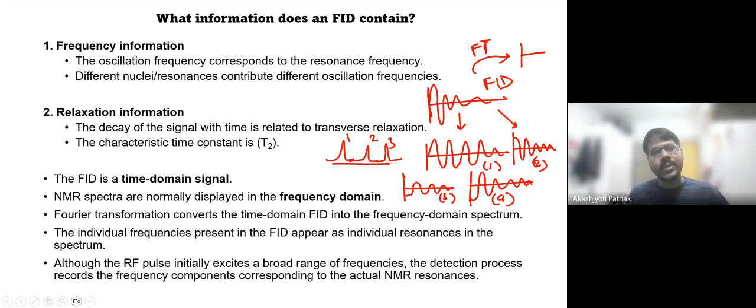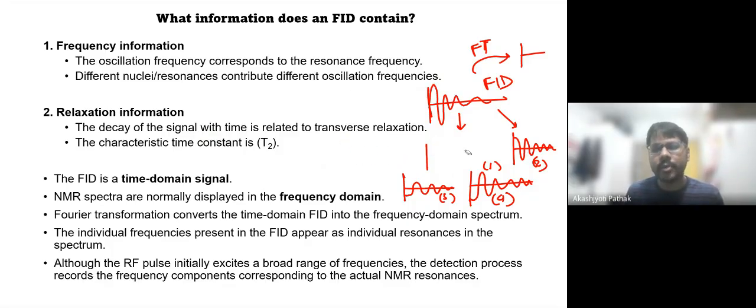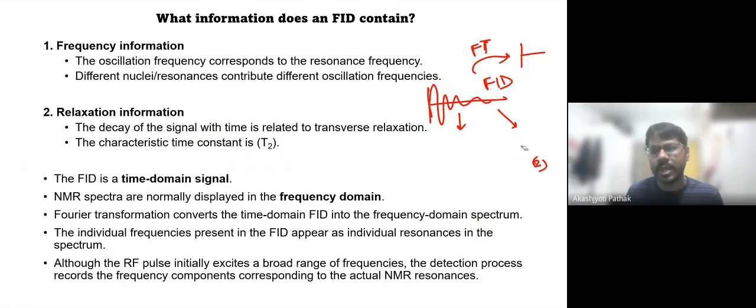From that information you can understand which region of a protein is more flexible and which region is more rigid. So this T2 value, we will learn about this in the later lectures, but this free induction decay provides a lot of information about the frequencies and the relaxation information about the different regions present in the sample.